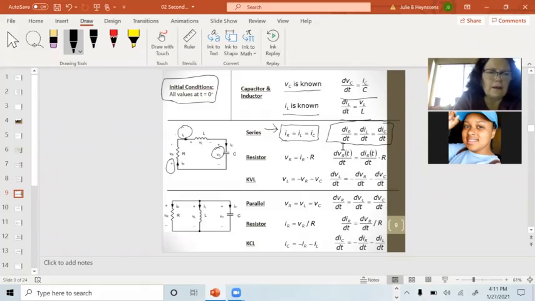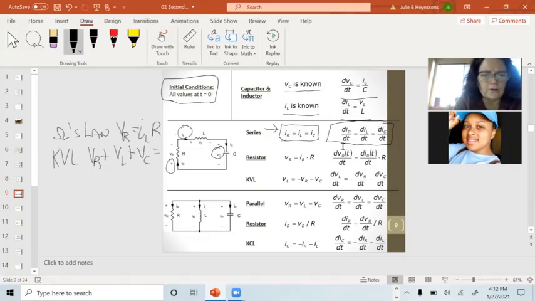I can just use Ohm's law here and calculate VR equals IL, because it's the same, times R. Once I get the voltage across the resistor, I'm going to use KVL, which is going to tell me, going around this loop, the way the pluses and minuses are going, VR plus VL plus VC equals 0.